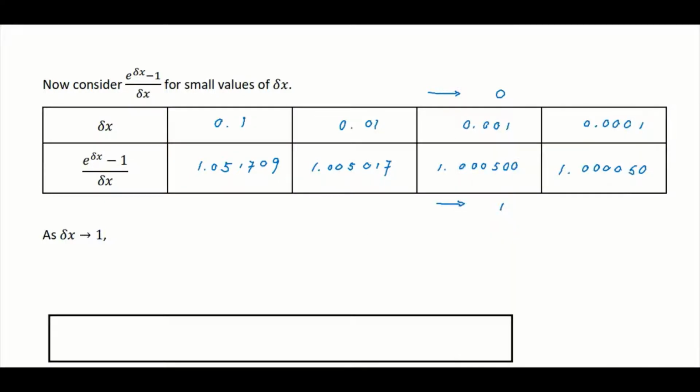So that's why when the small change of x is approaching 0, I'm sorry, there's a typo here, but I'll change it in your handout, don't worry. As the small change of x approaches 0, what do you realize? You realize that e to the power of small change of x minus 1 over small change of x is approaching 1.